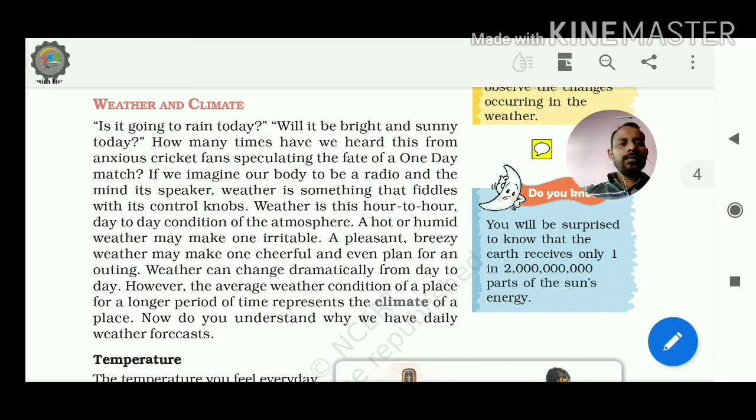So in case of weather, we usually see any change in the atmosphere. From the morning to the night, we can see lots of changes. Very early in the morning, we can see a different temperature.